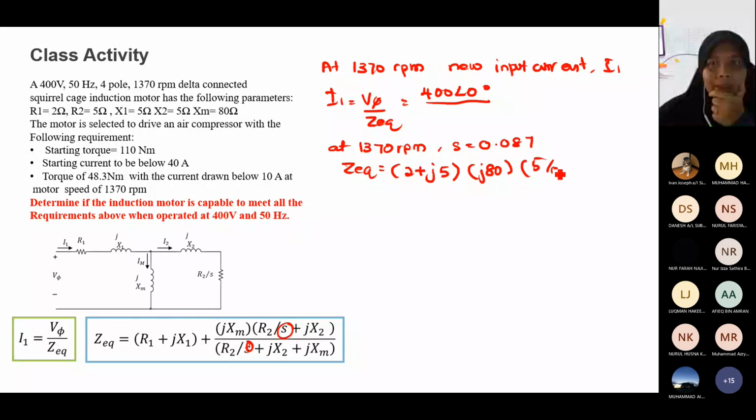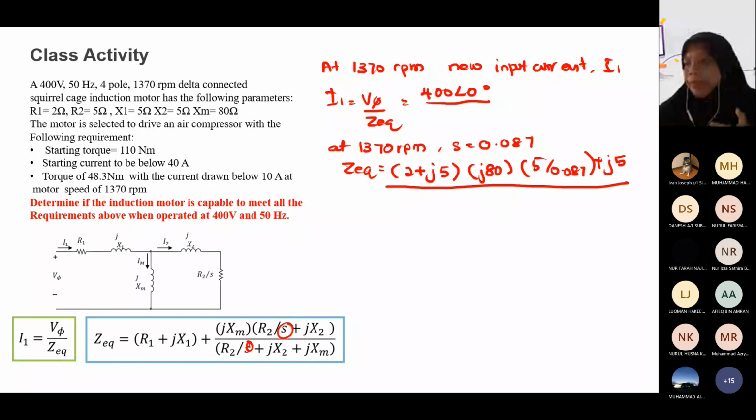Over 0.087 plus J5, over macam mana? Sorry. Dah over semua pula. Try calculate tengok.